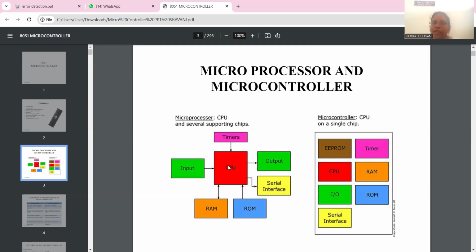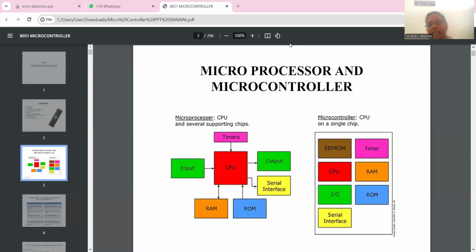An example of a microprocessor is our desktops as well as laptops. If you observe the desktop, we need to connect a printer, scanner, fax machine, and mouse externally. But an example of a microcontroller is an embedded product, for example a washing machine, which is used for only a single purpose, washing of clothes.